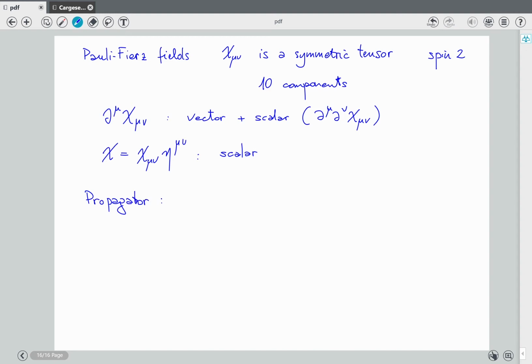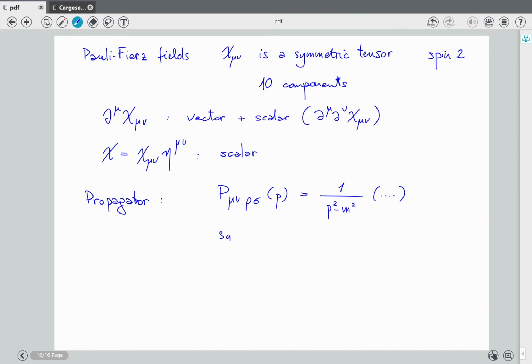So the propagator will be now an object with 4 indices, P mu nu rho sigma, because it has to propagate, as a 2-point function, chi mu nu, chi rho sigma, if you want. So it has to have 4 indices. And that will be equal to something like 1 divided by p squared minus m squared, times something.